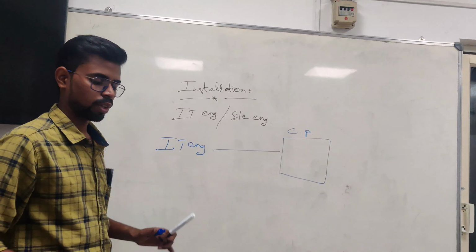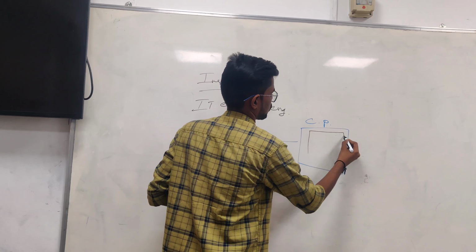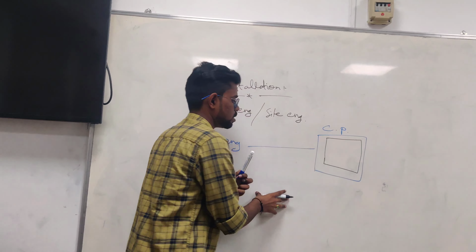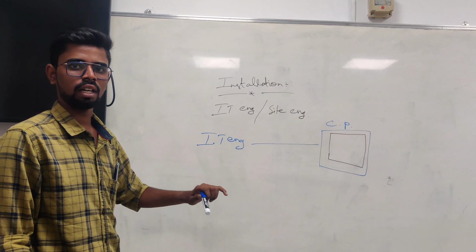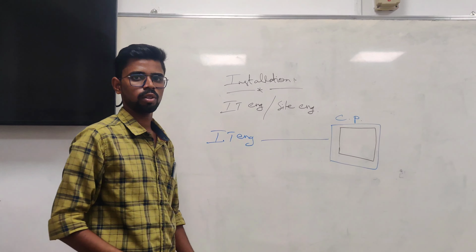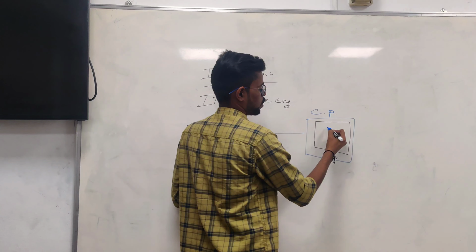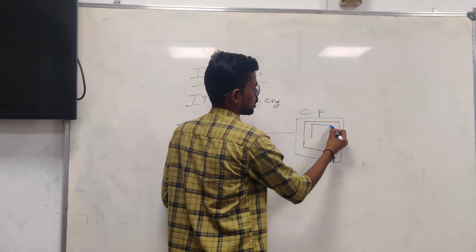First, he will build one environment, because the software will not work in all types of environments. That's why the IT engineer first builds one environment at the customer place. After that, in that environment he will install the software.